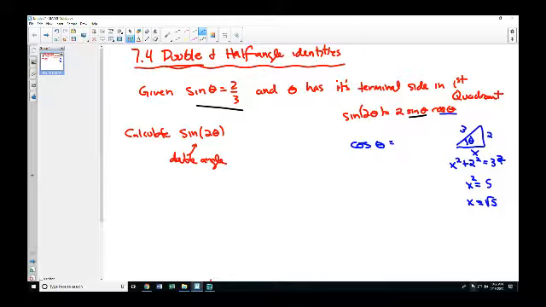All right, so what's the value of cosine? Square root of 5 over 3. Okay, so we plug that in there, and we can plug 2/3 in the other one.